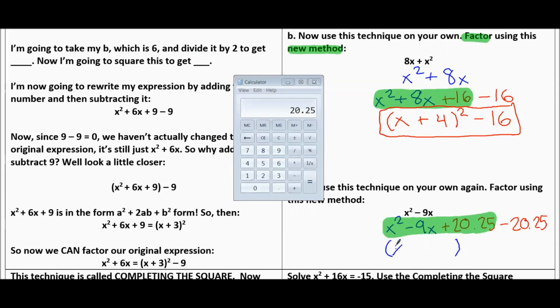This would be x, and then we would need the square root of 20.25. So I'm going to take the square root of 20.25, and it's 4.5. So 4.5 would go here. Should be a decimal here.